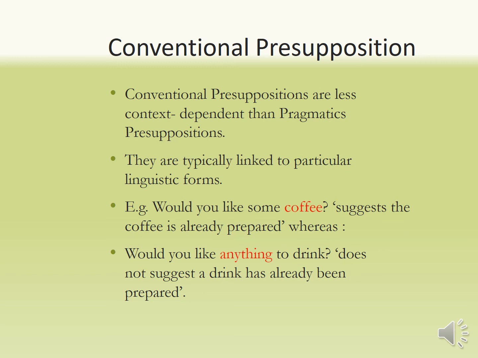"Would you like some coffee?" suggests that coffee is already prepared. Whereas "would you like anything to drink?" does not suggest a drink has already been prepared. It means sometimes we assume the linguistic aspect of the statement. If we assume the linguistic, meaningful aspect of the statement, then we are assuming the conventional presupposition.